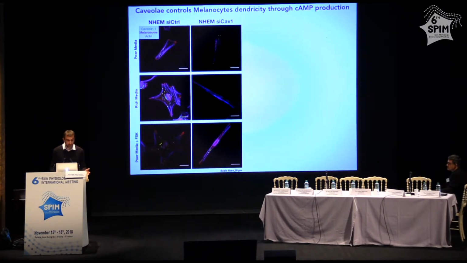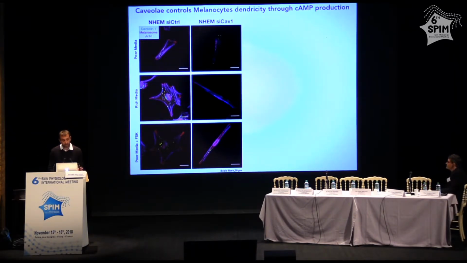This is exactly the same when melanocytes are grown in poor medium supplemented with forskolin. So it shows that caveolae can have a role in cell shape and plasticity, and that this is likely under the control of cyclic AMP production, because forskolin is not inducing any change here.